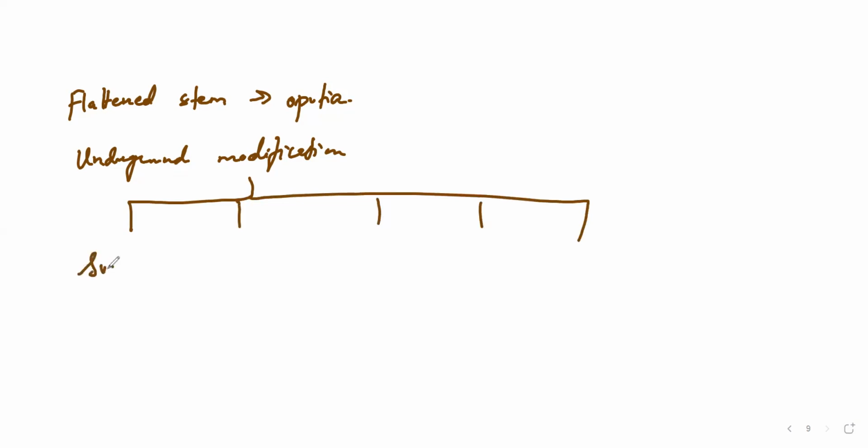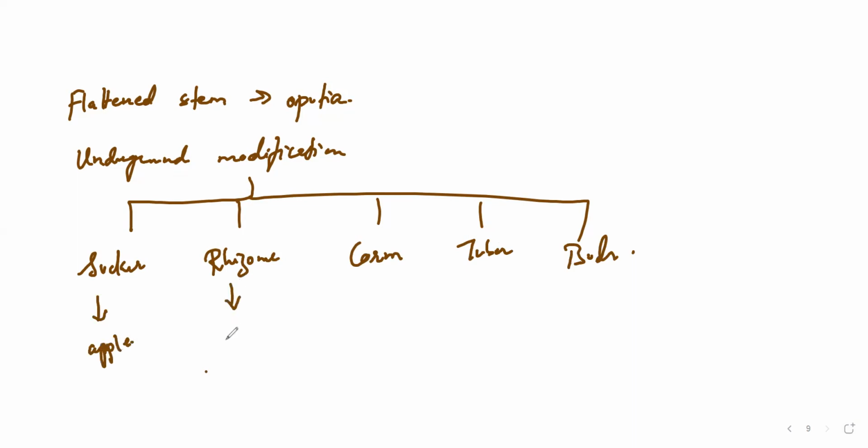Now, what is the underground modification of stem? So in this, basically 5 modifications are there, which are called sucker, rhizome, corm, tuber, and buds. So sucker, basically apple is the example. Rhizome, already told you, ginger.